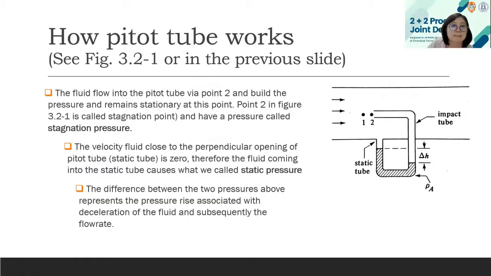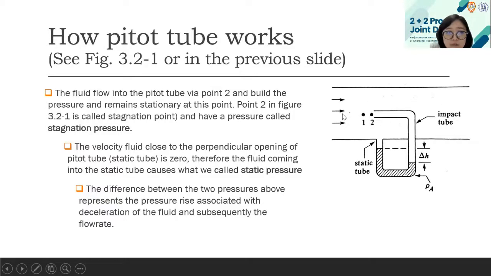So how does the Pitot tube work? If you have a pipe, let's see, this is the upper wall of the pipe and the bottom wall of the pipe, and there is a velocity of the fluid here, and you put the Pitot tube with the opening exactly in the middle, right here.